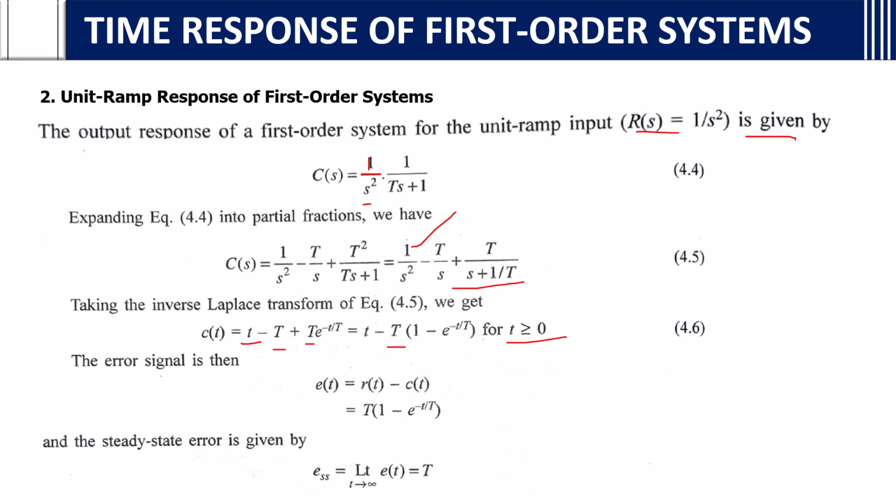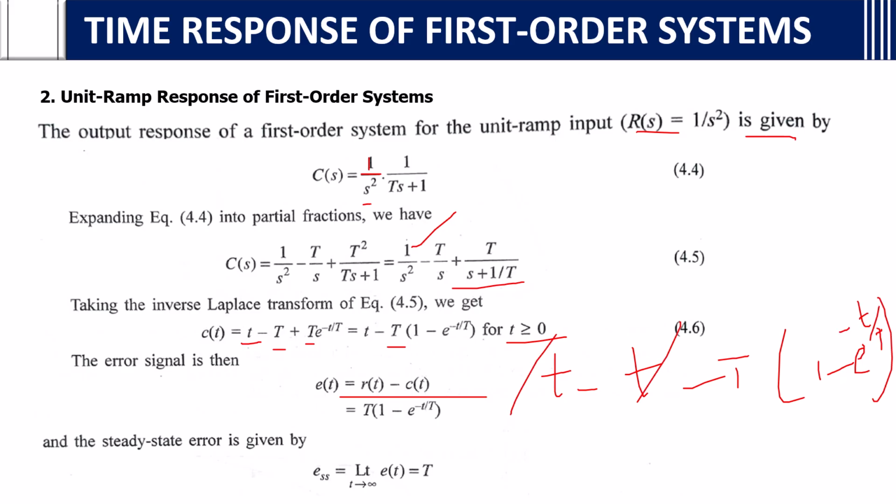The error signal is r of t minus c of t. R of t is t, and c of t is t minus T into (1 minus e power minus t by T). If you see here, the two t terms get cancelled, because c of t carries a minus sign and this becomes plus.